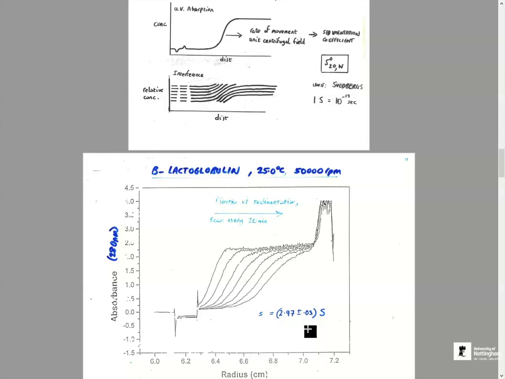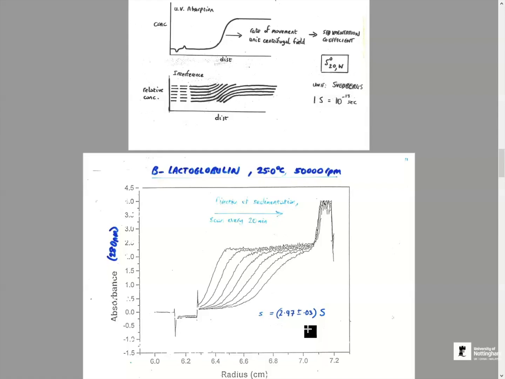The computer will work out how fast this is moving. This is absorbance at 280 nanometers. From the rate of sedimentation divided by the centrifugal field, it's worked out that the sedimentation coefficient is 2.97 plus or minus 0.03 Svedbergs.